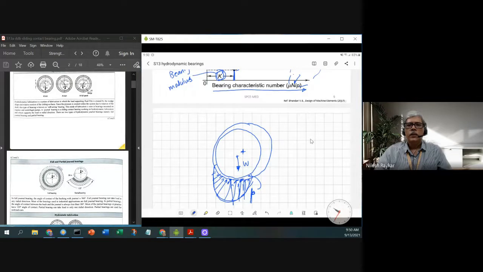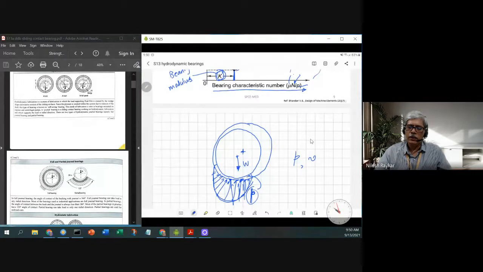So he did an analytical study and developed a governing differential equation, which gives us the variation of P. So it is a partial differential equation which relates P versus the velocity distribution in this particular oil wedge.